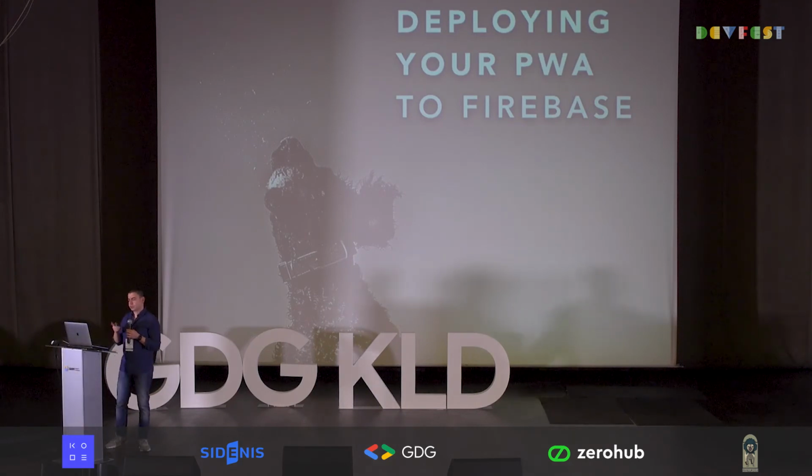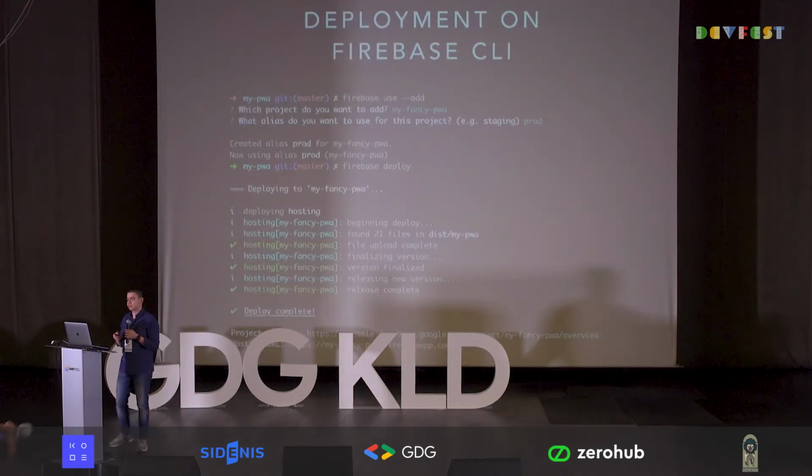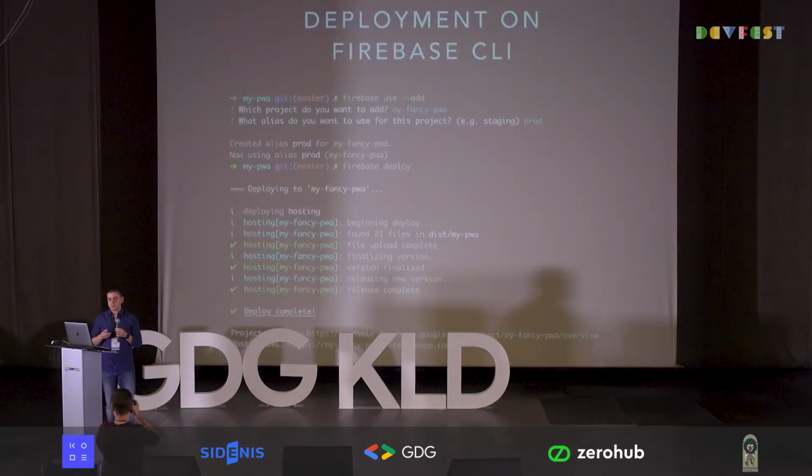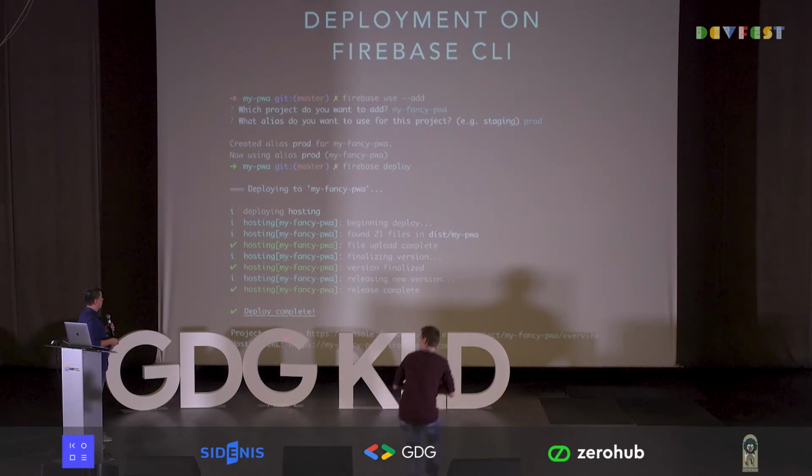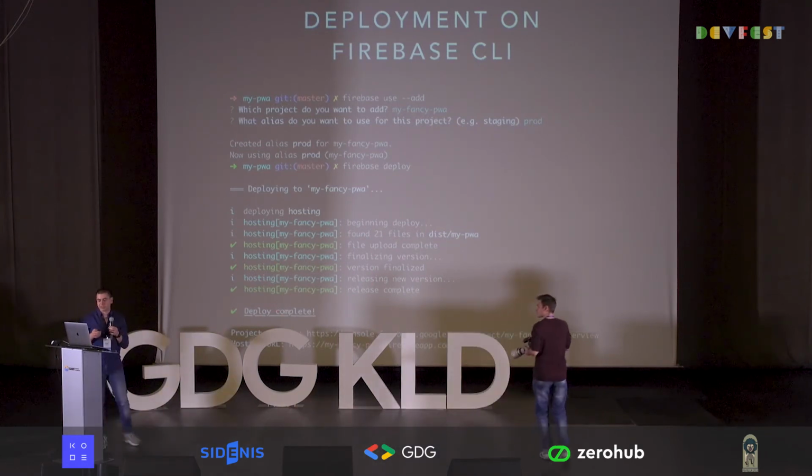Deploying your progressive web app to Firebase is very simple. Once you have this configuration, you just run this command, firebase deploy, and it will deploy your application to Firebase based on your hosting configuration. It will show all the logs, and eventually the deploy is complete, and you can access the application by following the link.